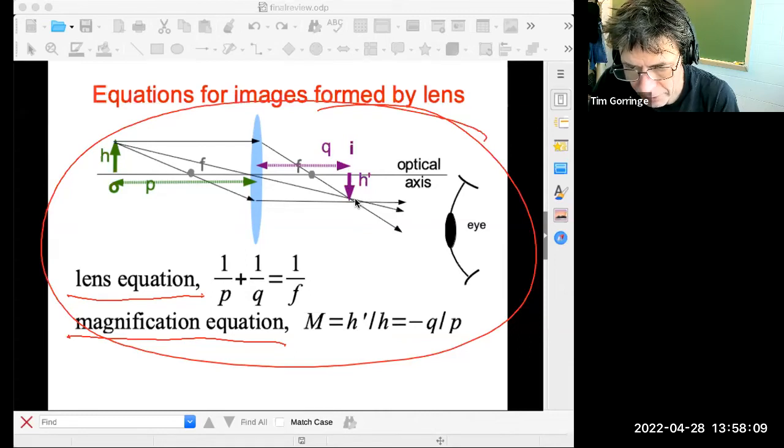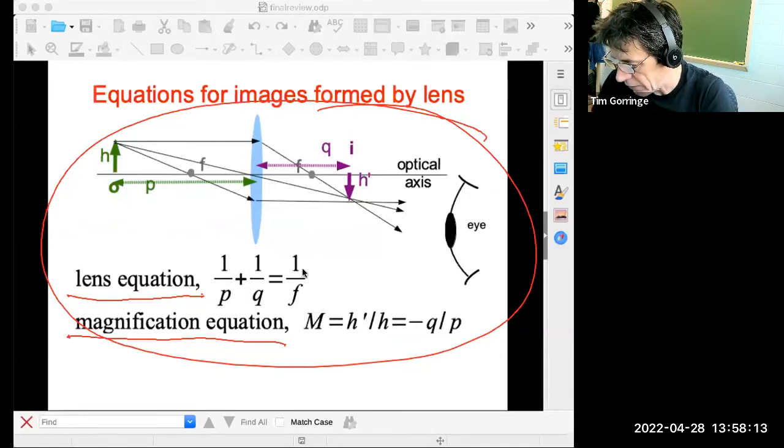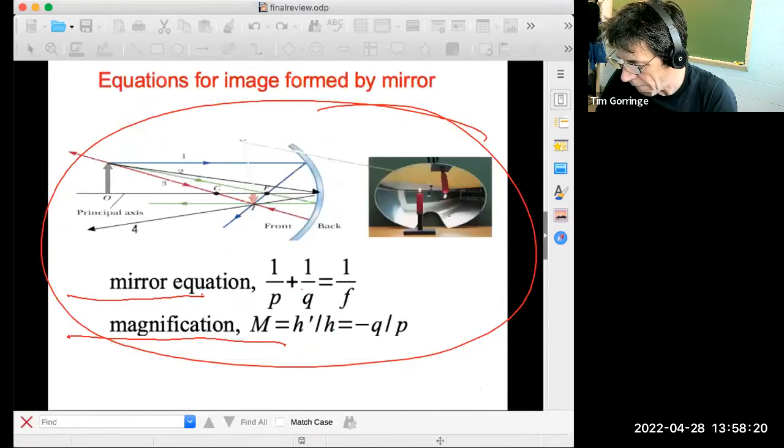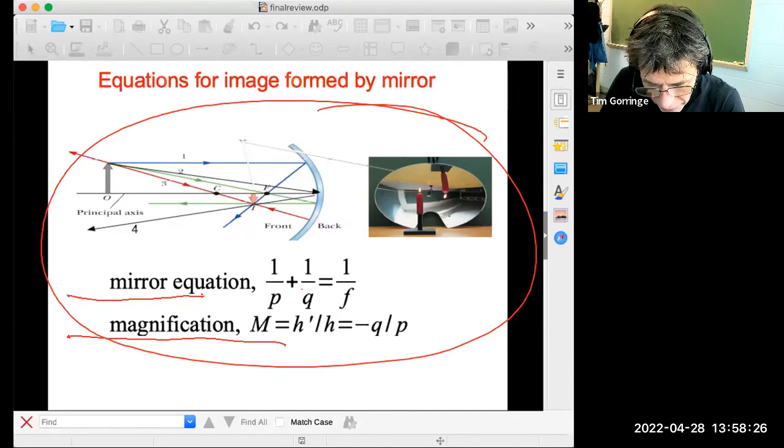And that's what we mean by a real image. When you have a virtual image, I don't know if the previous one had that. No, unfortunately, this one's a real one too.